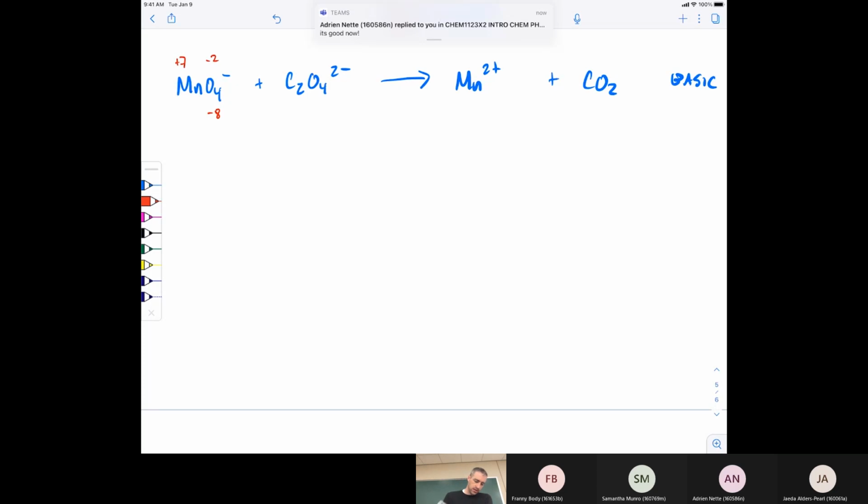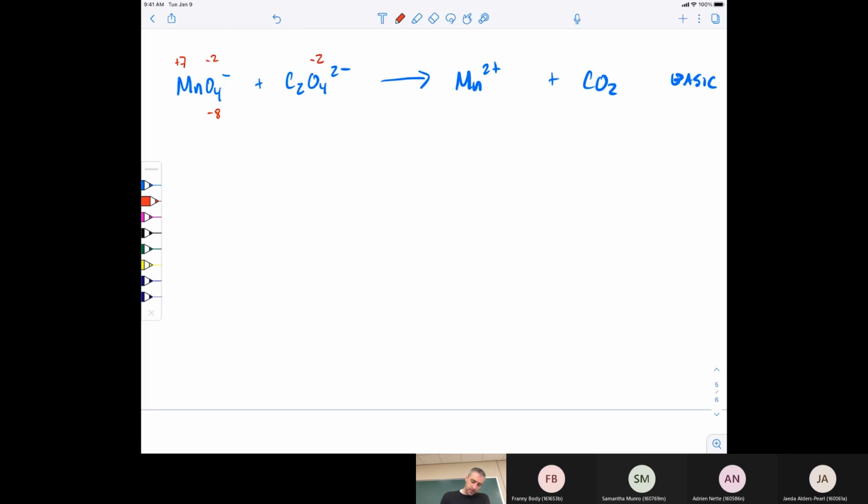Awesome. All right. So the manganese is +7 because +7 minus 8 is -1, which is the charge. C2O4, I believe that's called oxalate. There's a cleaning product you can buy called Barkeeper's Friend, which is oxalate.